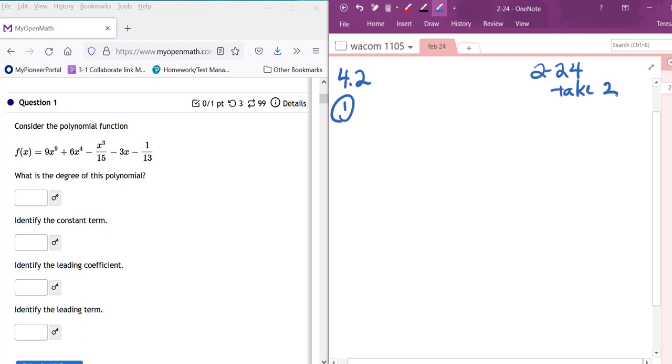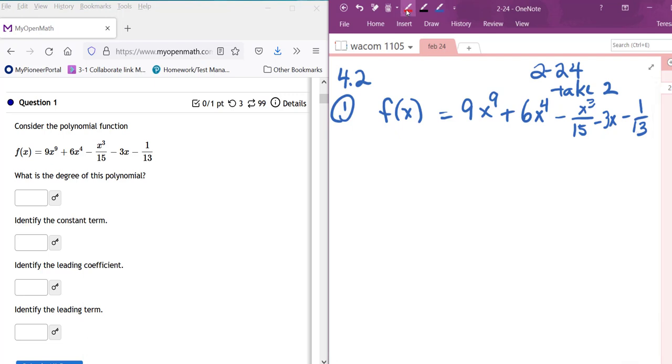All right, they want us to look at this polynomial. I guess I should write it. And the questions are, first, the degree of this polynomial.